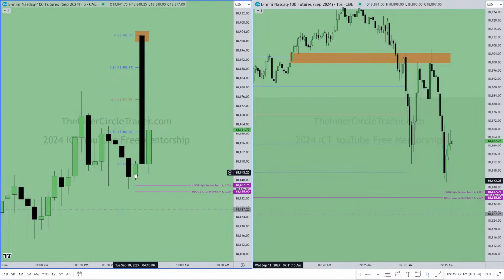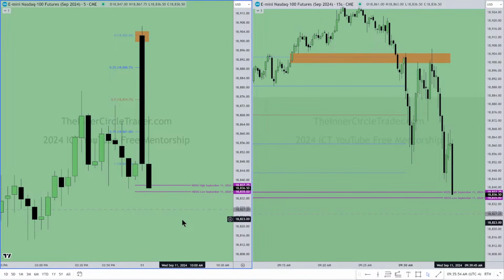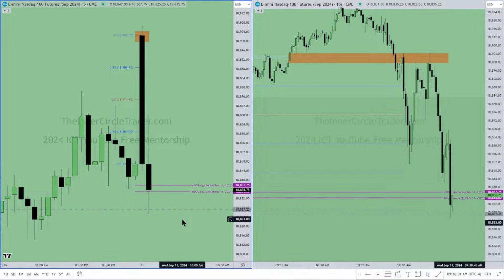Previous settlement on regular trading hours, you can see that down here in the right hand corner. The opening gap, and then to the top of that old daily inefficiency.